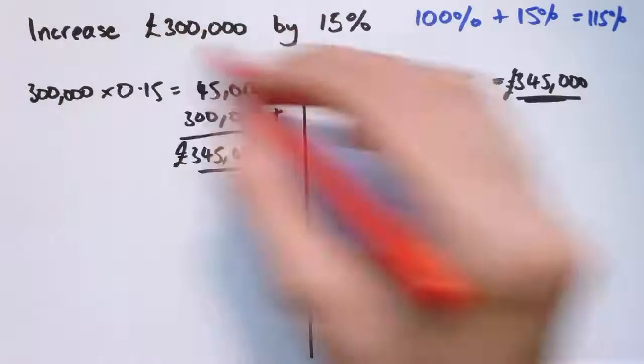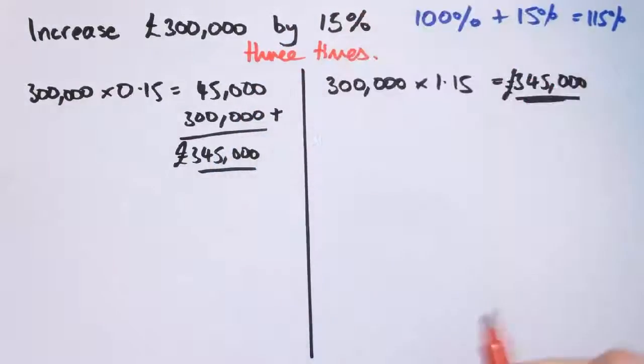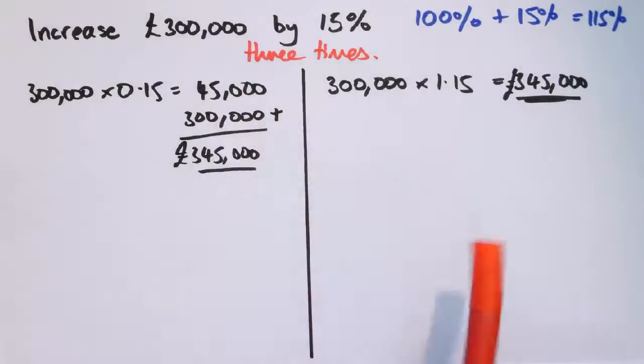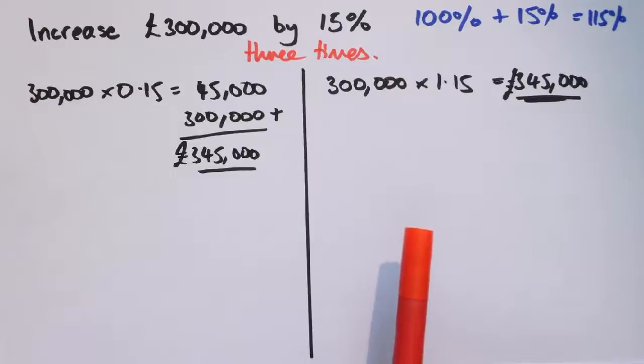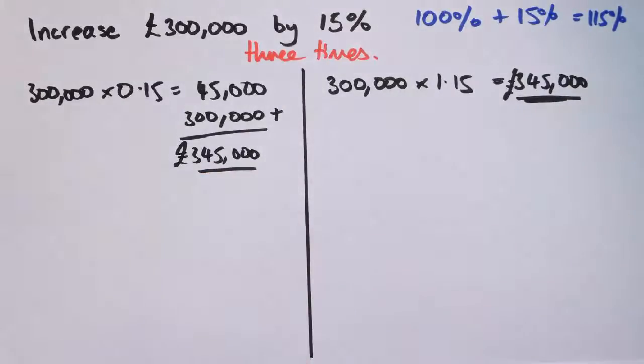If I change this question to increase 300,000 pounds by 15% 3 times, so maybe I've got something that's increasing by 15% each year, because here 300,000 times 0.15, this argument, if I want to add on 15% again, well, I can't just add on £45,000 again, because it's not 15% of £300,000 anymore, it's 15% of £345,000.